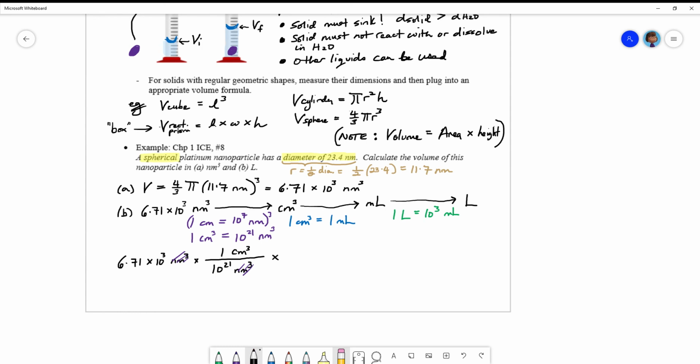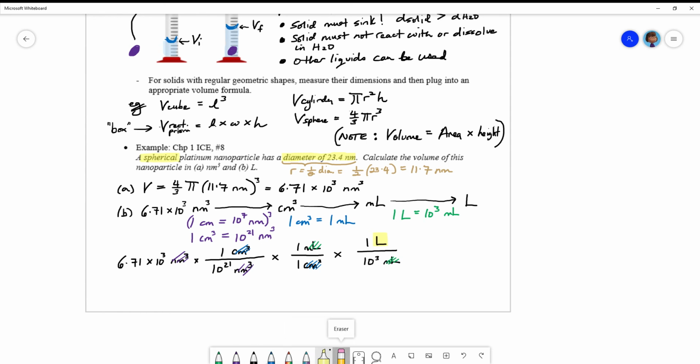In our next step, we want to get milliliters, so we know that there's 1 milliliter for every 1 cubic centimeter. What happens now? Goodbye, cubic centimeters. And in our last step, we're going for the liters, 1 liter for every 10 to the 3 milliliters. Time to say goodbye to the milliliters. After all this, what's left? Well, what's left is the unit we were after, which is the liter.